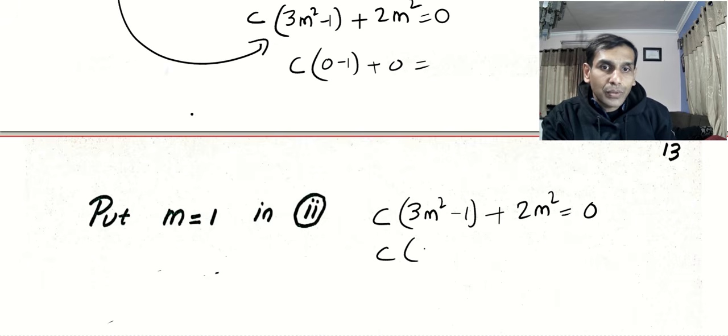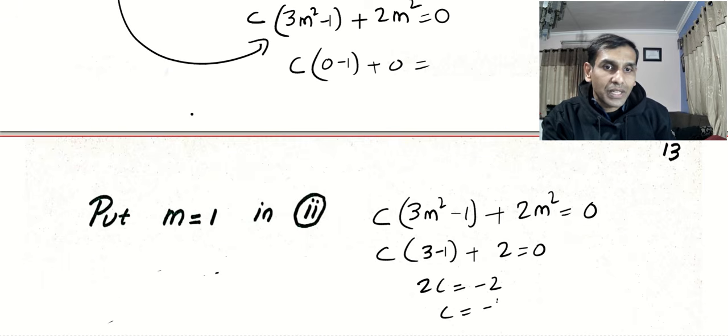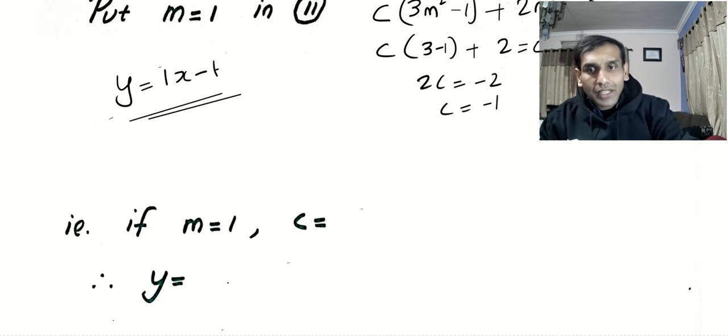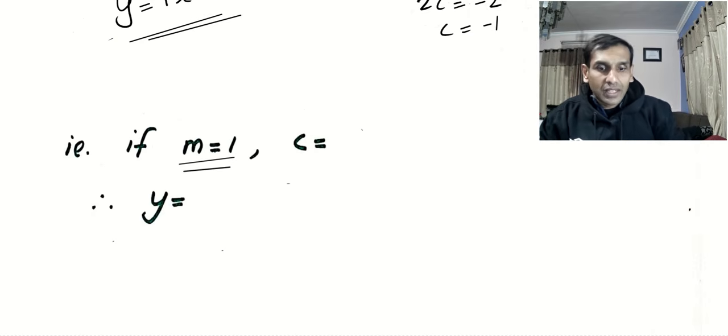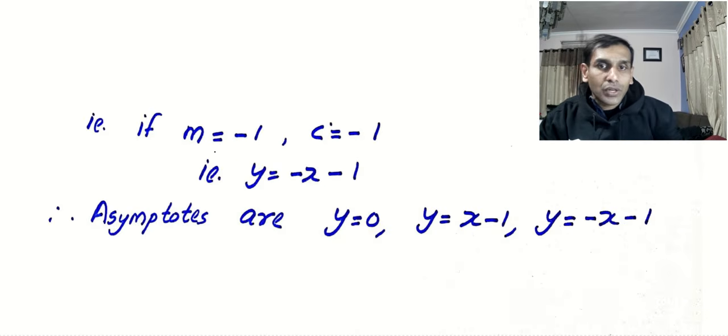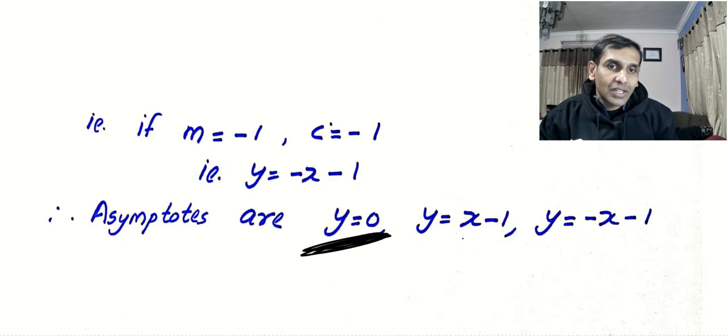So c into 3 minus 1 plus 2 equal to 0. So 2c equal to minus 2, c equal to minus 1. So I'll write my answer is y equals 1 into x minus 1. Similarly, you try it for m equal to minus 1. Anyway, at the end, I got 3 asymptotes, 1, 2, 3.